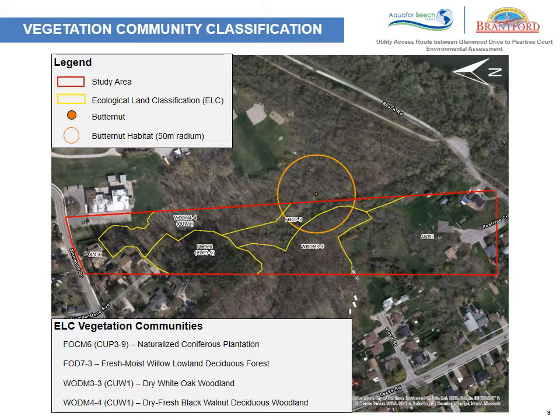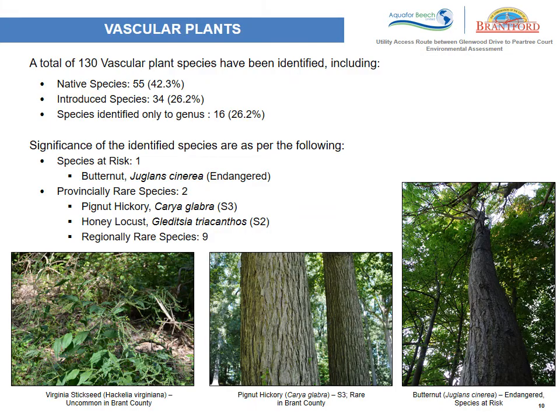This slide also presents a butternut tree which was identified beyond the limits of our study area. A butternut is considered to be a rare and endangered tree species, which requires a safe buffer of 50 meters around such a tree to limit any risk of impacts or negative effects during construction.